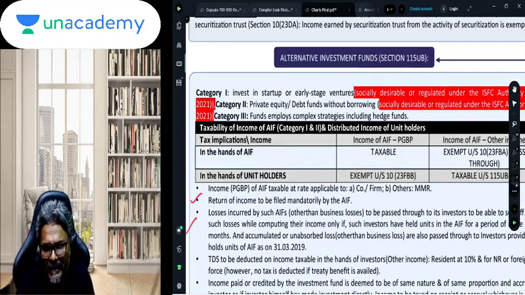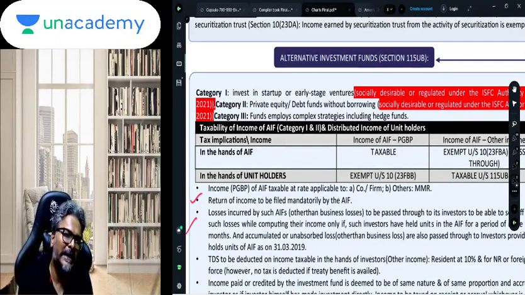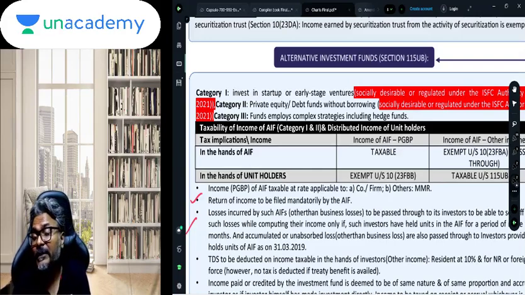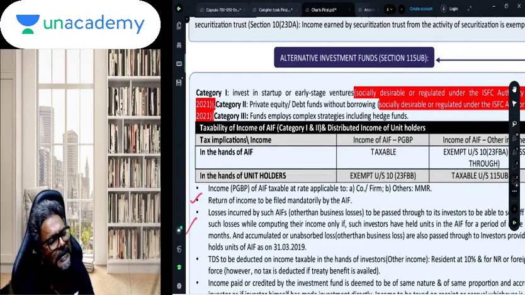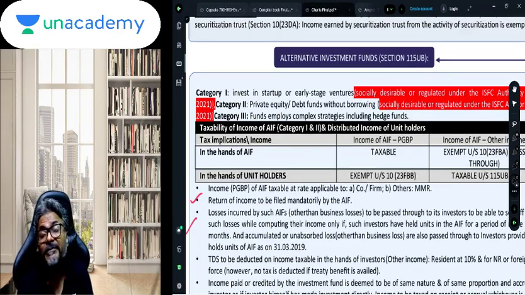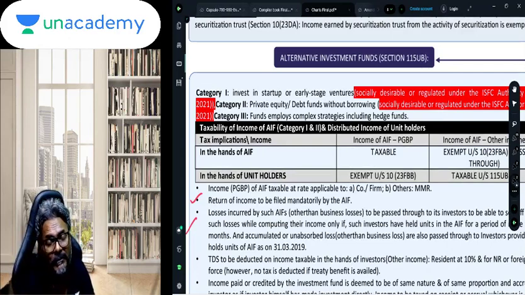If this AIF 1 and AIF 2 is registered as a domestic company, then it is 30%, or where it has opted for 115BAA, then it is at 25.168%. But where in this context, students, the AIF 1 and AIF 2 have been incorporated as a partnership firm, then 30% would be the rate made applicable, plus surcharge if that PGBP income exceeds the threshold limit of 1 crore.